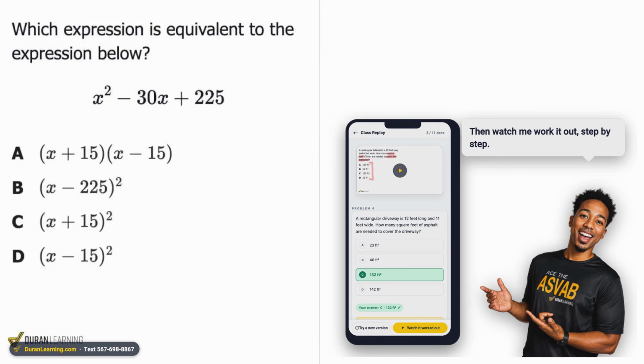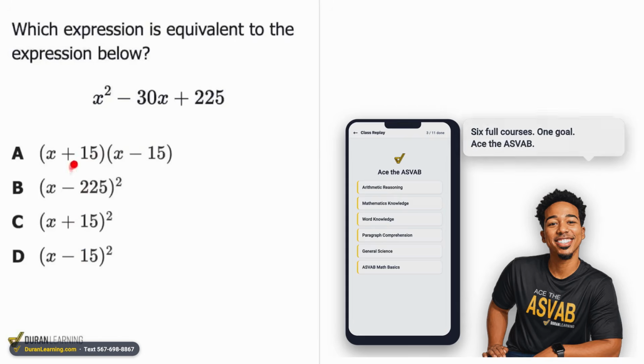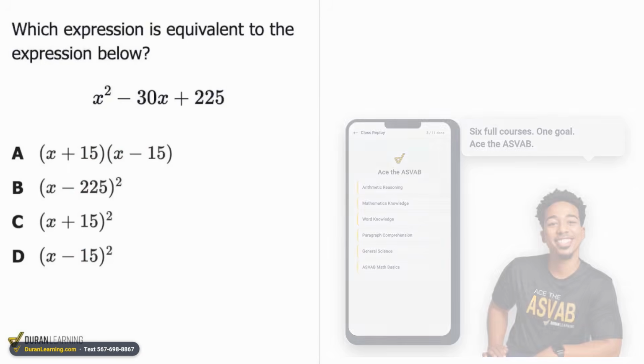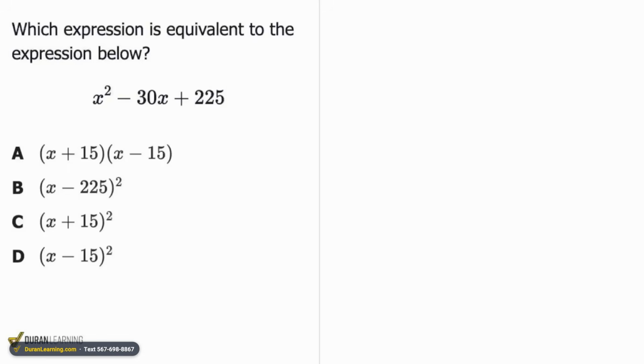Given that these answers follow their own unique patterns, we might be able to do this without a full-on multiplication. I'm going to confirm for myself that x minus 225 all squared is the same as x minus 225 times x minus 225.